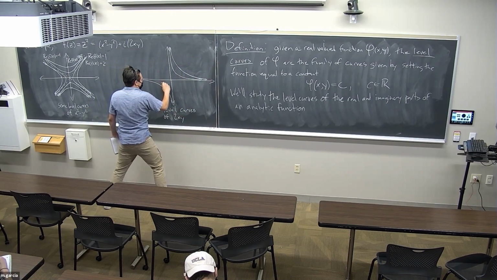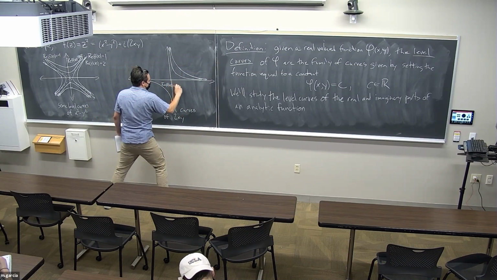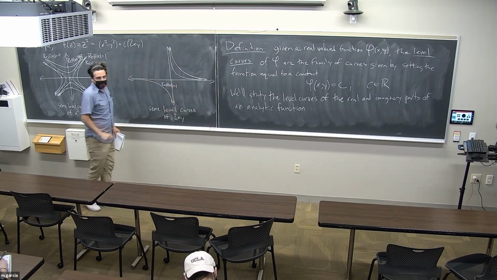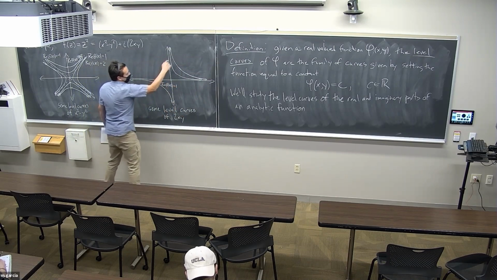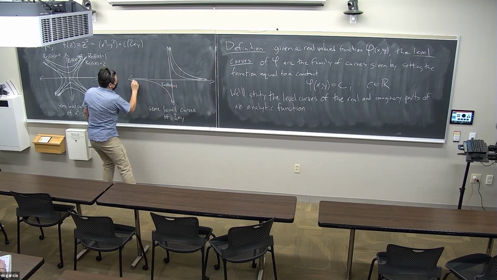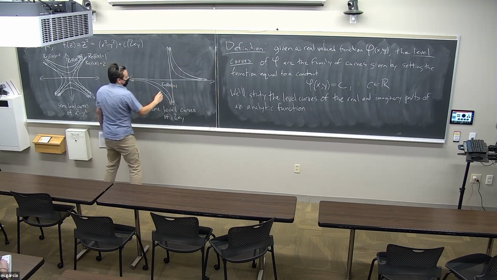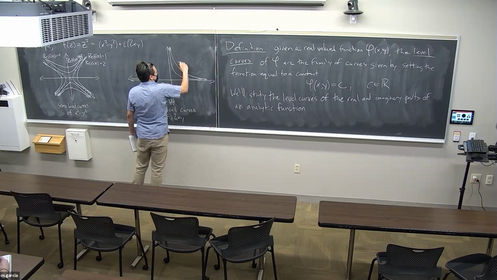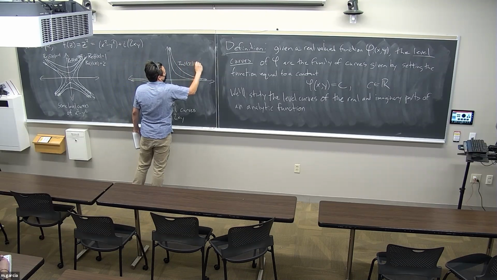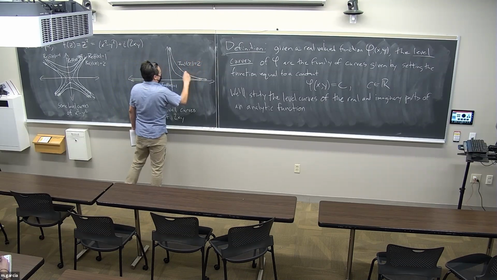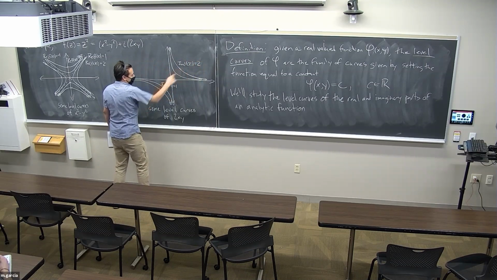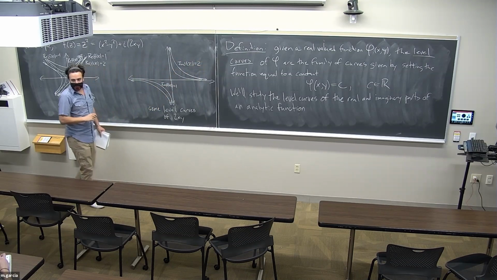The imaginary part of f of z here is equal to 1. That's this curve, this inside one. And then same story: this outside one is the imaginary part of f of z equal to 2, right? This and this together, the outside ones. And the inside ones is where the imaginary part of f of z is equal to 1.